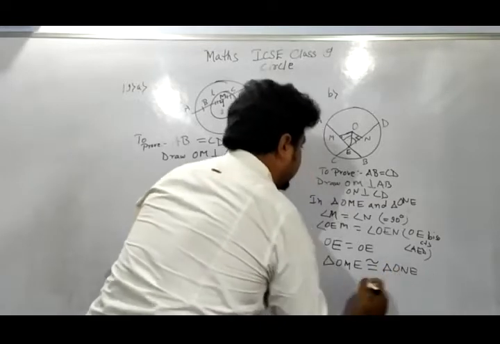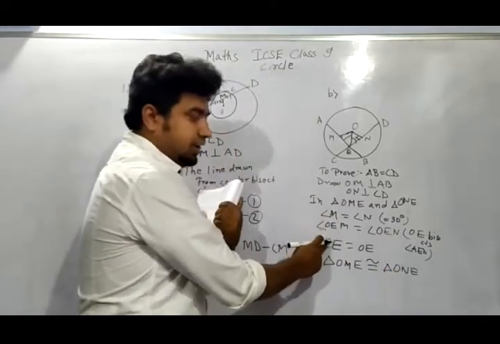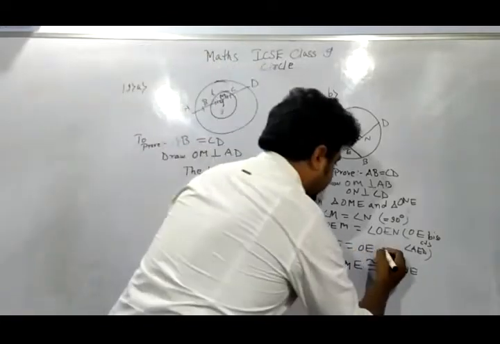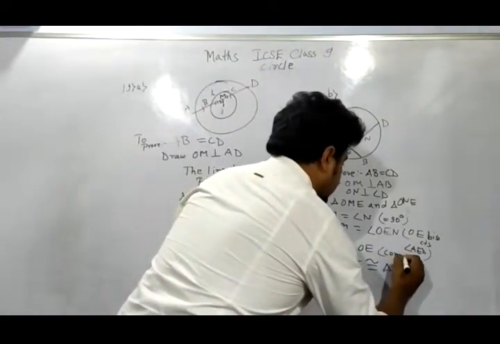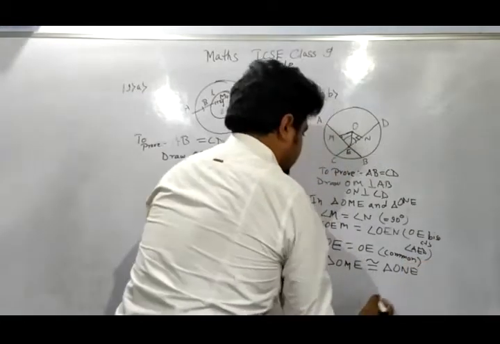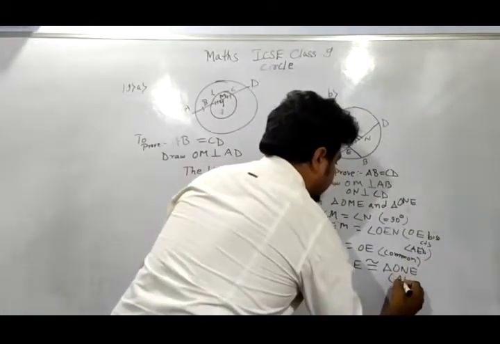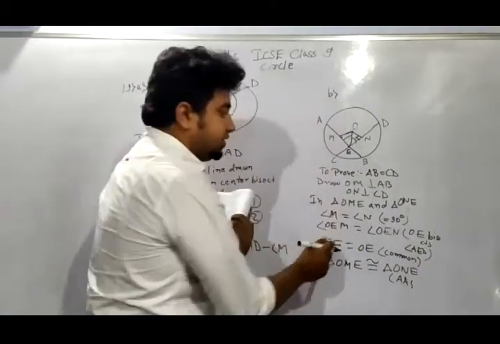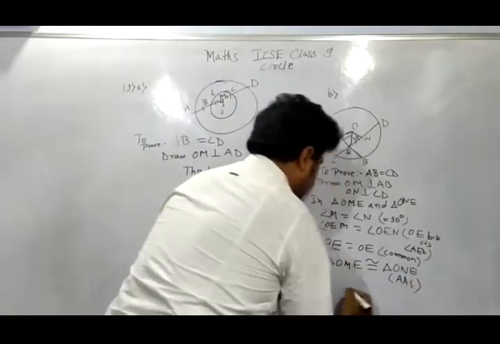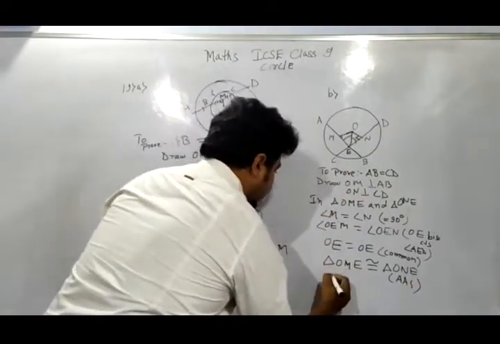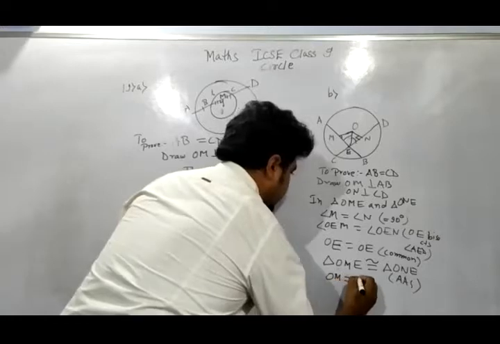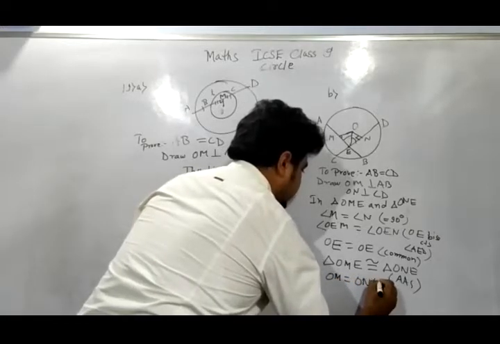This triangle is congruent by angle, side. This part is common. By AAS, because two angles and one side. So from here we can write OM is equal to ON by CPCT.